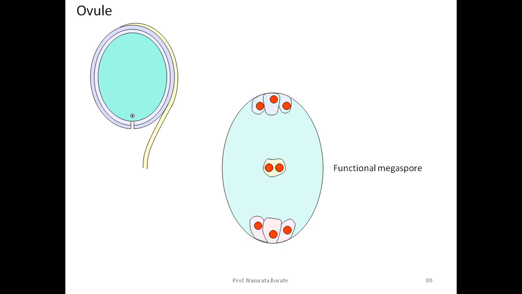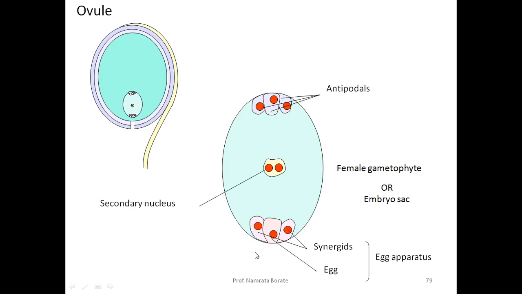The three nuclei towards the micropylar end constitute the egg apparatus. The egg apparatus consists of the larger central haploid egg cell and the two supporting haploid synergid cells. The three cells towards the chalazal side function as the antipodal cells. Inside the egg apparatus there are the egg and synergids.